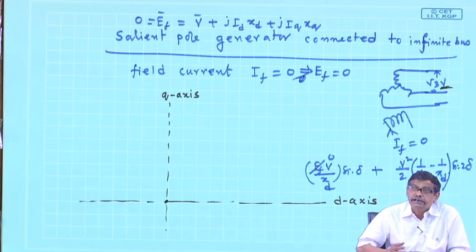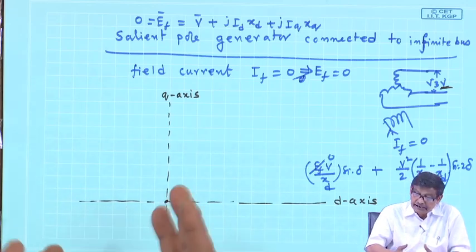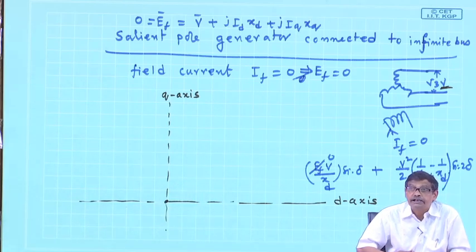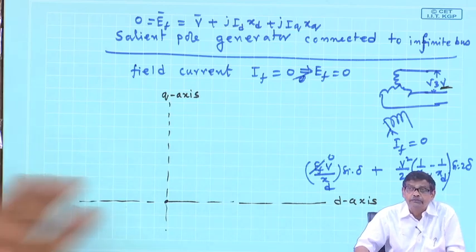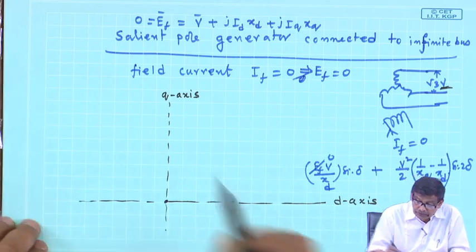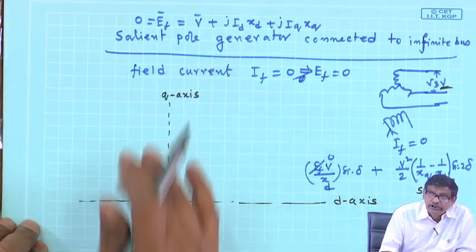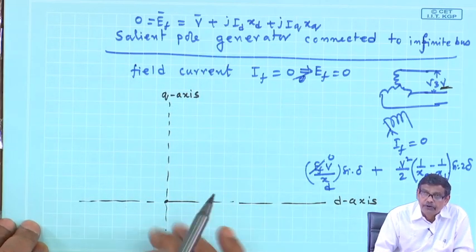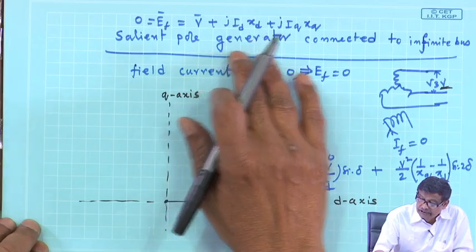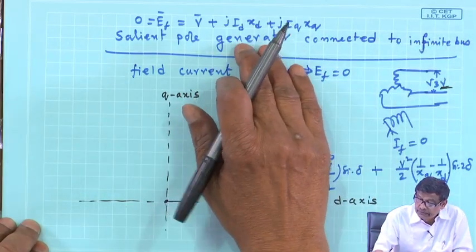Therefore, this generator must be operating under excited condition, because EF is vanishingly small, V is finite. So, this conclusion I have to draw.